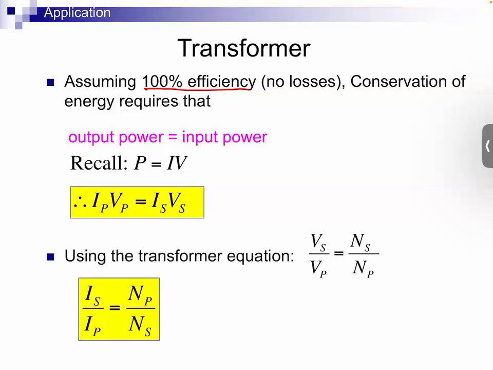Right? And if we use the transformer equation, we can of course rearrange this equation to have this form: Vs over Vp is equal to, so we're moving Vp to the other side, so you have Ip over Is.